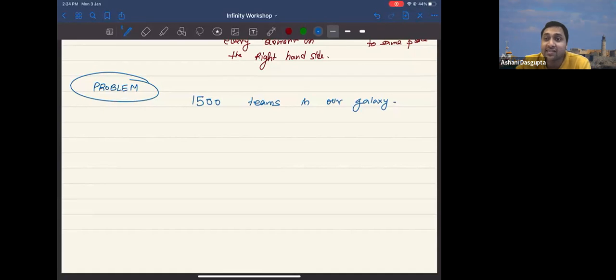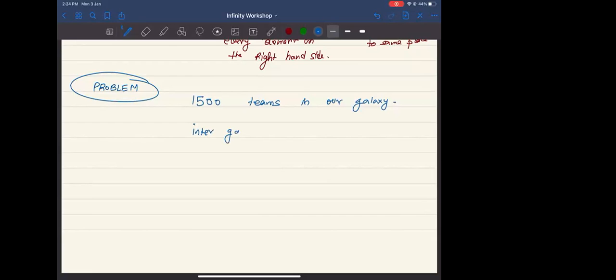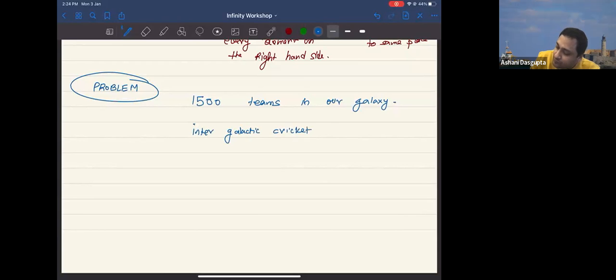Every planet gets to send one team to the intergalactic cricket tournament. All right. So you have 1,500 teams coming in from our galaxy. They're participating in the tournament.